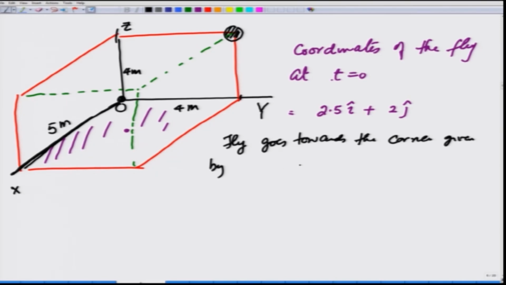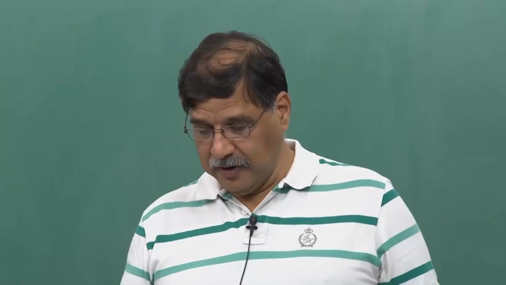So, its vector is going to be x coordinate is 0, y coordinate is 4j plus z coordinate is 4k, and it is flying in a straight line. So, the fly would be going in the direction from center to this corner. So, its velocity obviously is in this direction. Let us find the vector in this direction, find the unit vector in that direction and multiply that by the speed 0.5 meters per second, and that will give me the velocity vector.